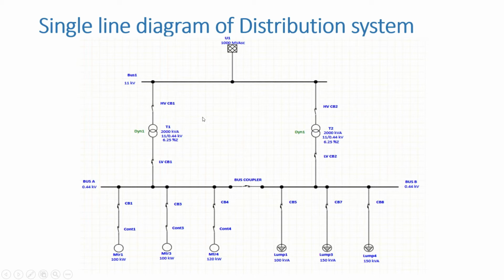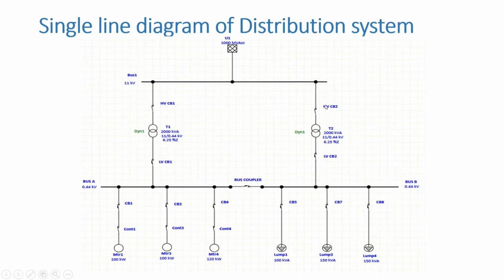Because of this parallel operation, we can easily share the total load of the switch gear between these two transformers, 50-50%. Another main advantage of this type of distribution is that in case of any fault in transformer 1, suppose transformer 1 is not available, then transformer 2 will take the full load of the switch gear without any interruption.